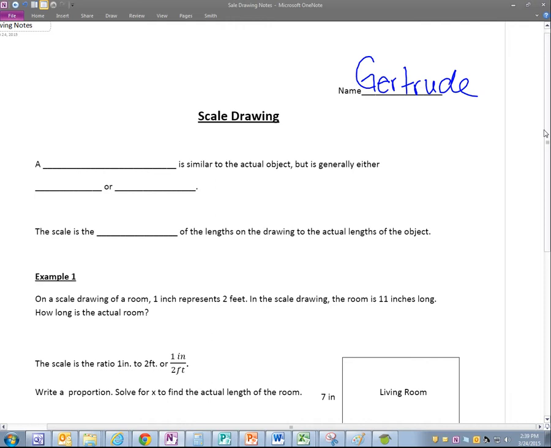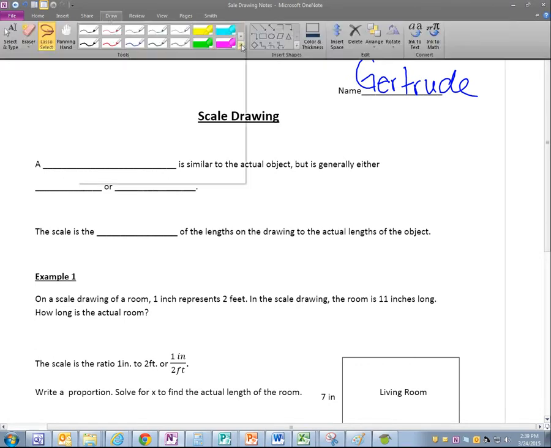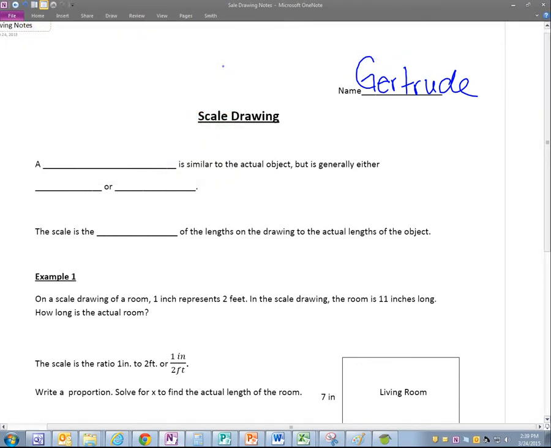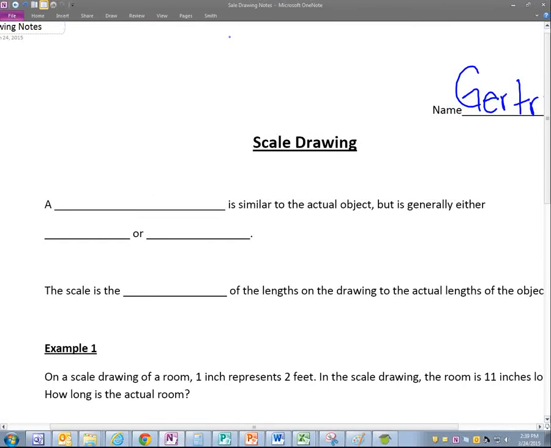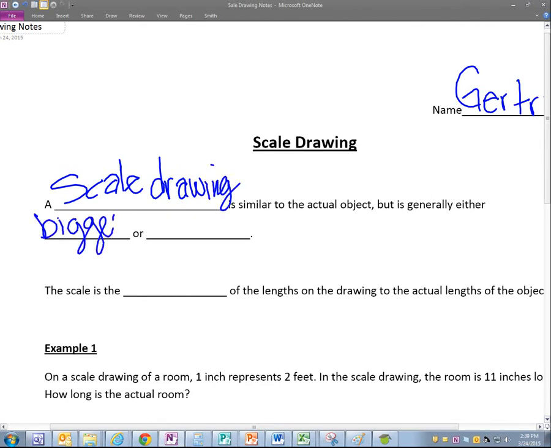Okay. Scale drawing. Scale drawings. This is going to be Gertrude's notes here. Now, a scale drawing is similar to the actual object, but is generally either bigger or smaller.